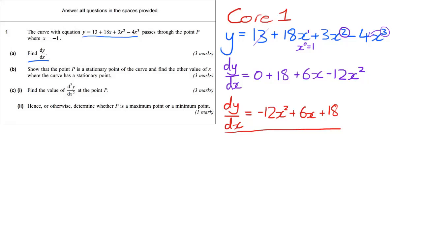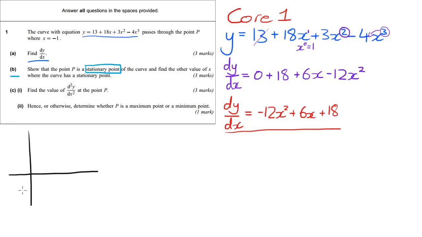So let's move on to question B. So show that point P is a stationary point. So this is very important here, this stationary point. So a stationary point, if I just draw some arbitrary kind of graph here, let me choose green to do this.